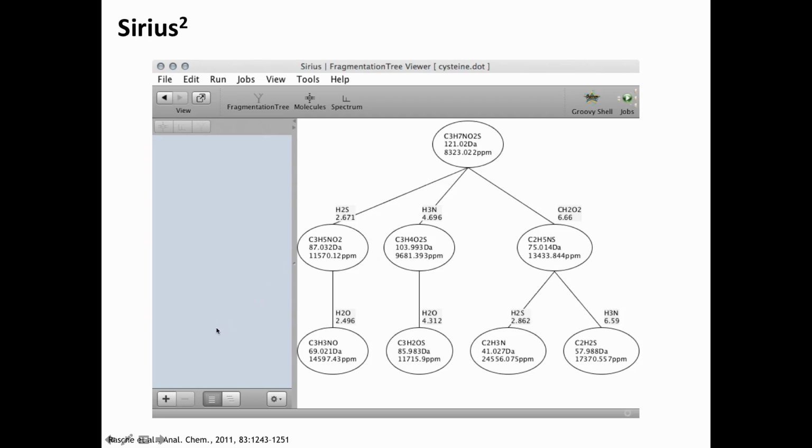Sirius has undergone quite a few updates by now. The Sirius 4 paper is about to come out, and that contains a larger data set underneath, contains more advanced machine learning, and that actually is currently the most accurate de novo identification method that you have.